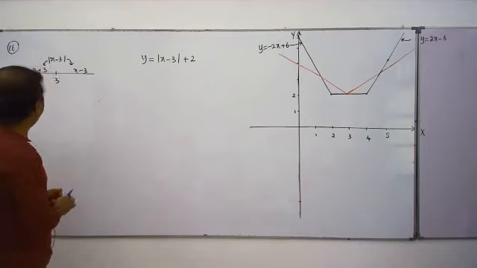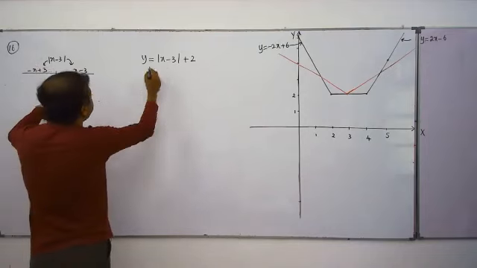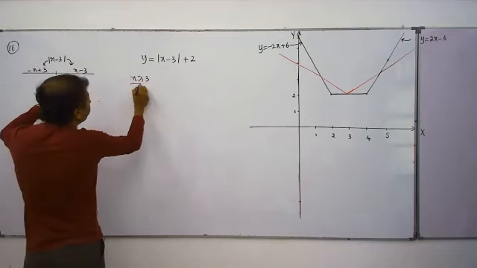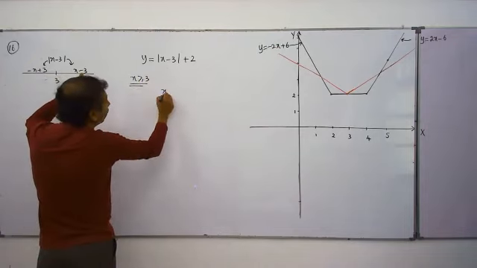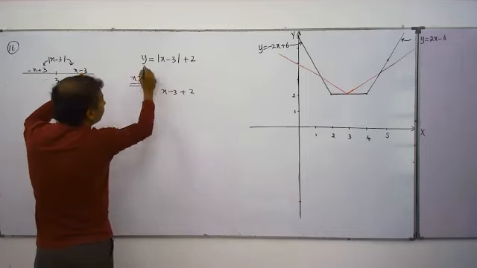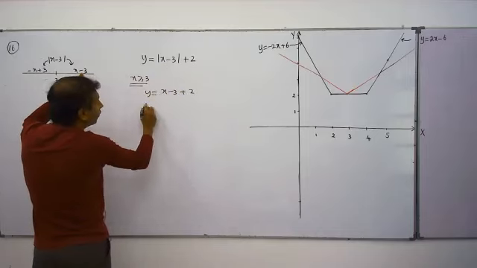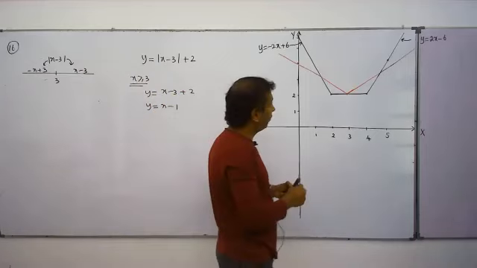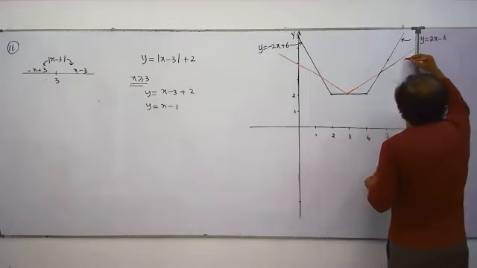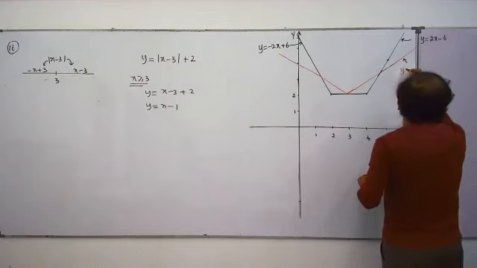Then on the right of 3, since mod x minus 3 takes x minus 3, in this place we have to put x minus 3 plus 2. It is y. Then we get what? y equals x minus 1. And this equation is, people, y equals x minus 1.